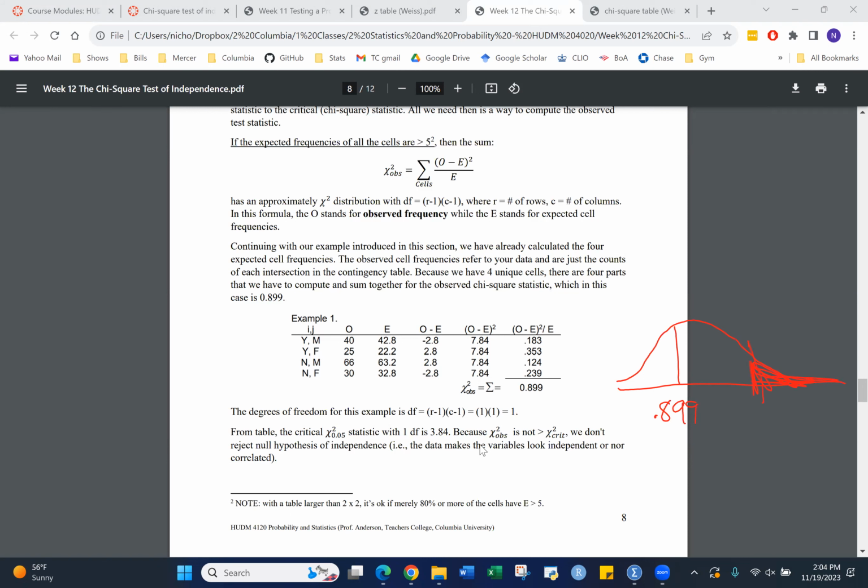You can see our test statistic is not in the rejection region. So we do not reject the null hypothesis. And we're saying that the data appear as though the 2 factors are independent. That is, they are not correlated or associated.